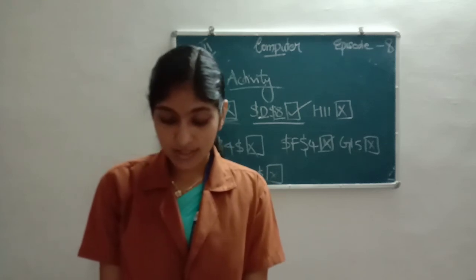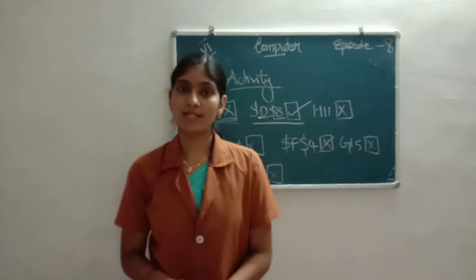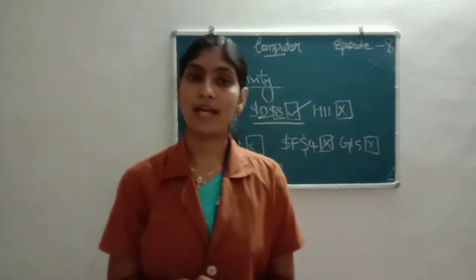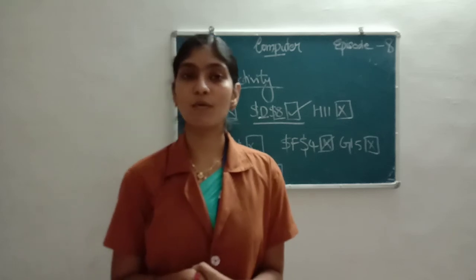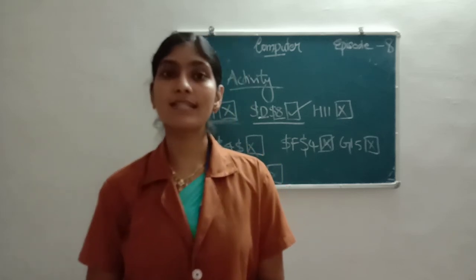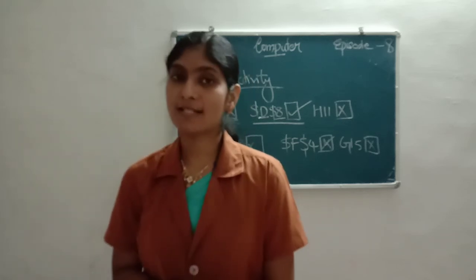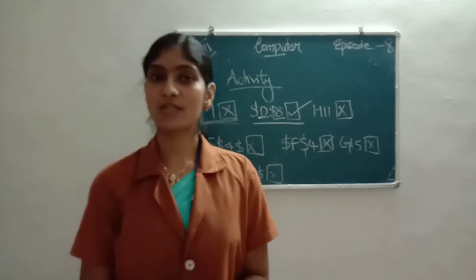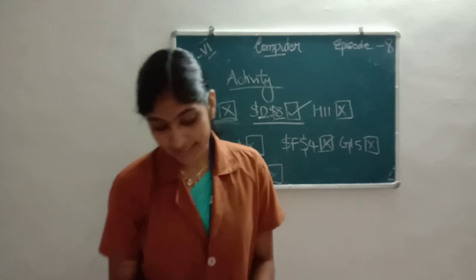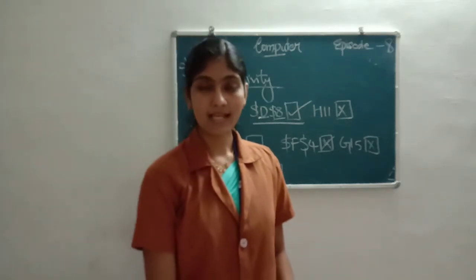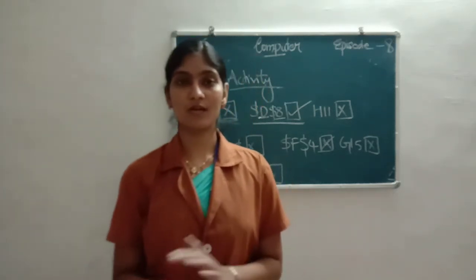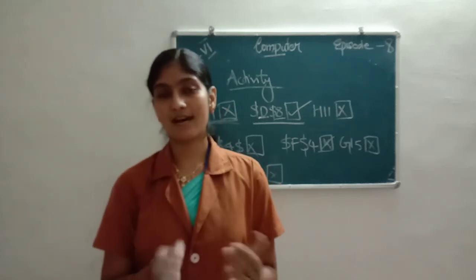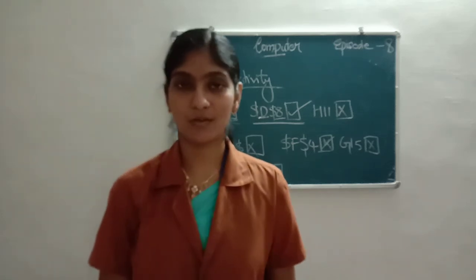location. Then using AutoSum, sorting and formula. AutoSum is an easy and quick method to find the result or the sum of all numbers in the range of cells by using a symbol that is AutoSum, which can replace the formula used for calculating sum. Then sorting means arranging the data in a particular order, whether ascending order or descending order.